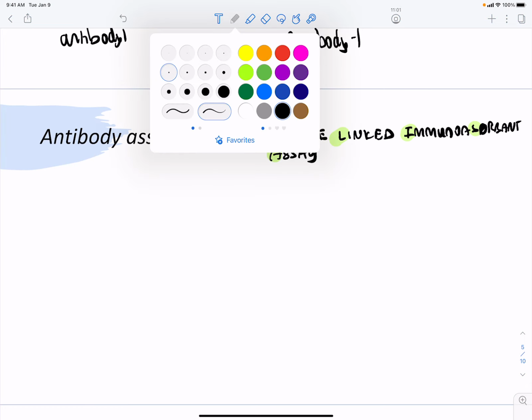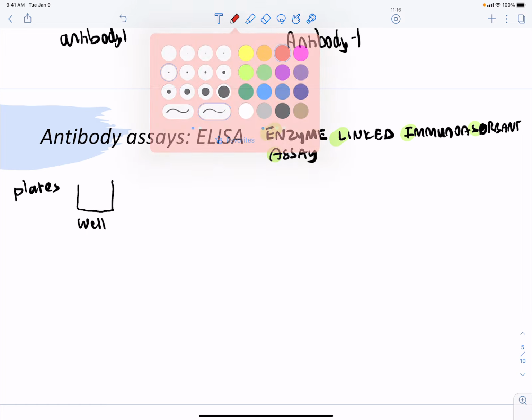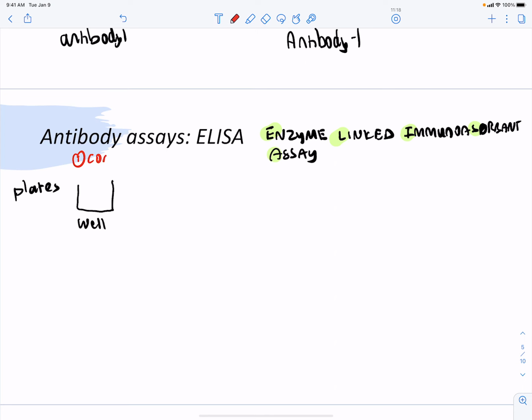And so we have plates, and the plates have these wells. So this is a well. You basically are going to coat the well with your antigen. You're going to put the antigen on the bottom.